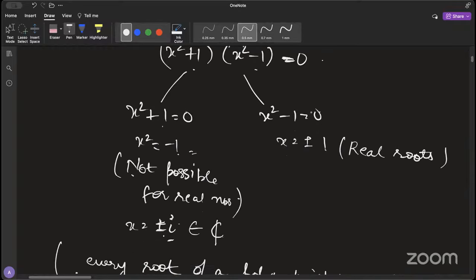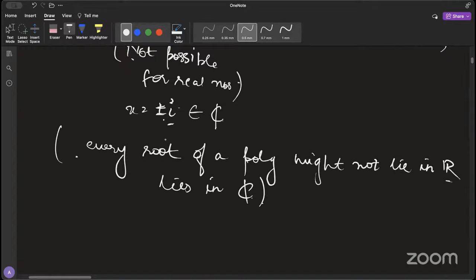The other point to keep in mind is that complex roots always appear in conjugates. That means if you have a plus iota b as a root, like in this case 0 plus iota is a root, then 0 minus iota is also a root. That's how roots appear in complex numbers.